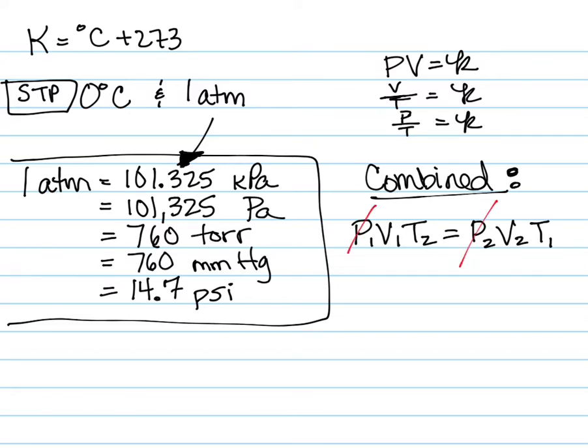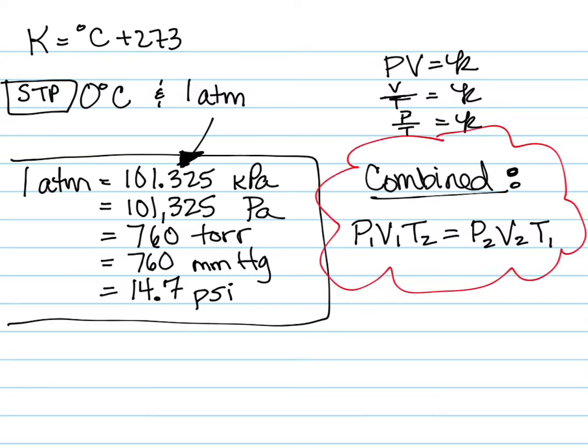Not a big deal. Just mark out the P's, work with V1, T2, and V2, T1. So again, combined gas law, that is going to be the main gas law for this section, but it can still be applied in any of the 4 scenarios we've talked about. Everything on this slide, you're going to want to make sure that you get in your notes.